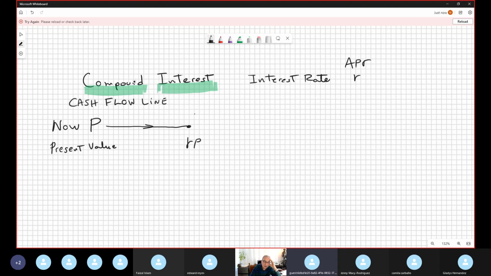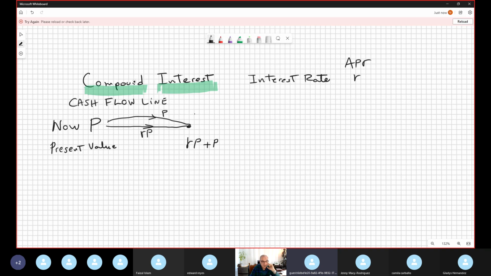Suppose the interest rate is 0.05. You multiply 0.05 times P and that gives the money earned in interest. However, we also have the original money P, because nobody touched that money.